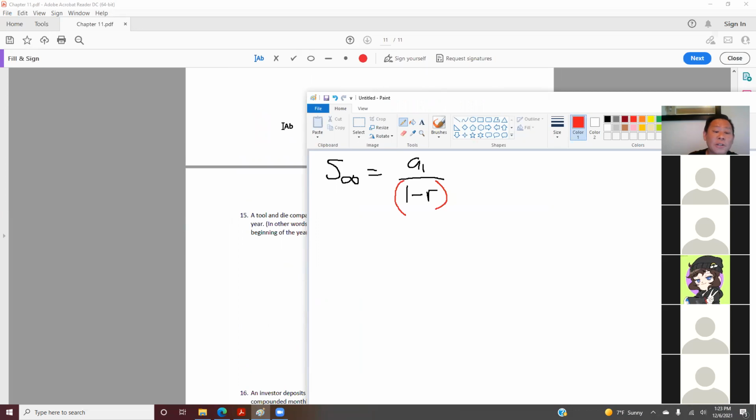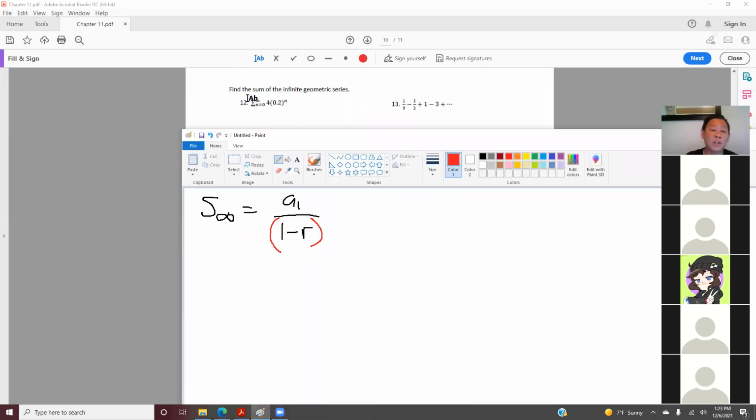This kind of question is asking for finding the infinite geometric series, like number 12, because we have an infinity symbol on it, or you add up nonstop to infinity. So this is how we figure it out.